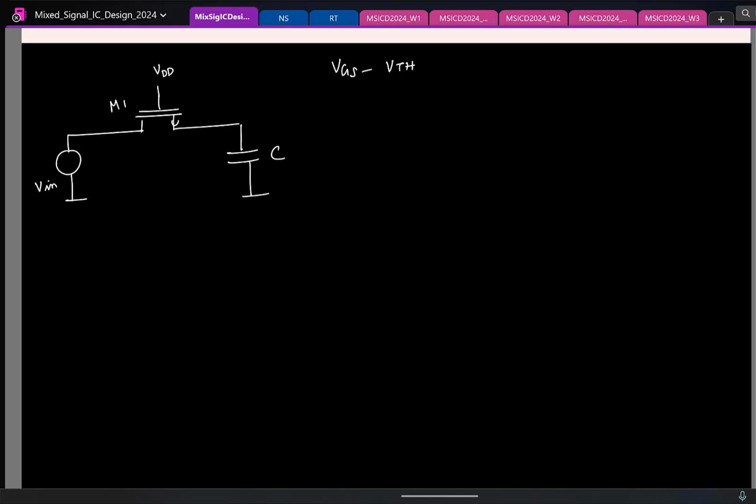Rate of flow of charge is current. So let us say there is some channel charge here, I'll call it QCH, that is also proportional to VGS minus VTH ideally. But it turns out in practice, this is just an approximate relation. This will be a nonlinear function of VGS minus VTH.